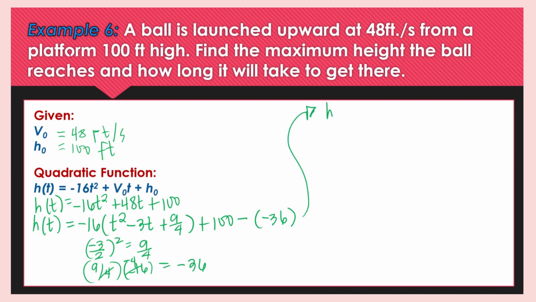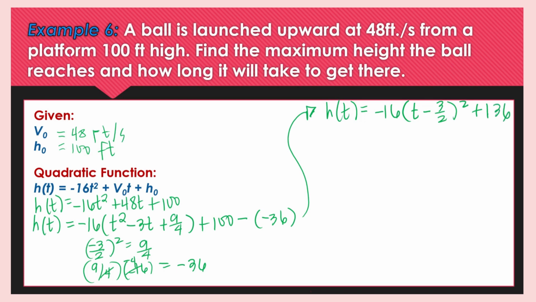Simplifying the equation, h of t is equal to negative 16 times the quantity, transform the perfect square trinomial into a square of binomial, so t minus 3 over 2 squared. Then outside the parentheses, 100 minus negative 36 is positive 136.